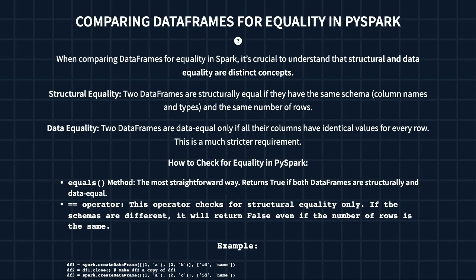It means every single value in every column is identical across both data frames. The equals method is your best friend here, as it checks for both structural and data equality at once. If the schemas don't match, with different column names or types, then the equals method will immediately return false. The equals operator only performs a structural comparison. It doesn't care about the actual data. I've included an example to help illustrate these concepts.